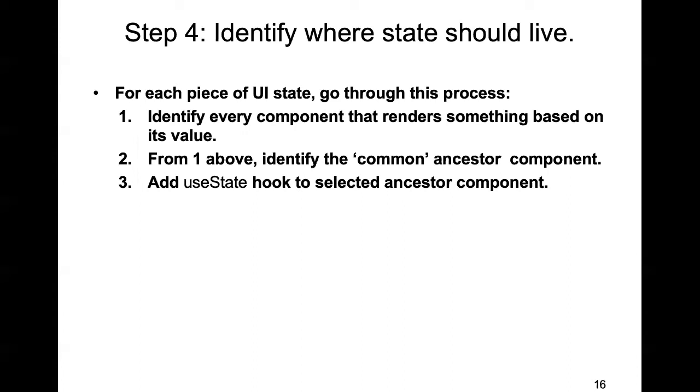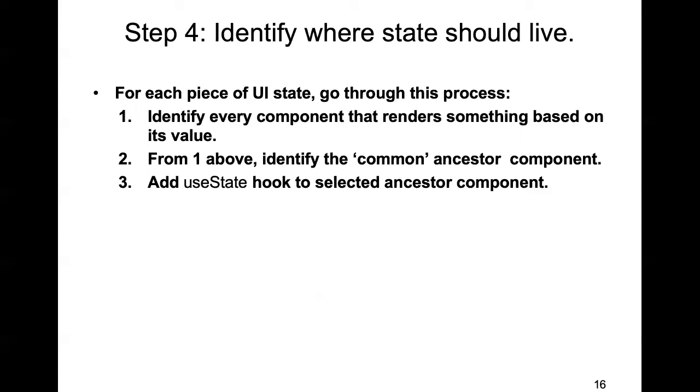And so you take that subset of components and you identify a common ancestor of all of those 3 components, or whatever number there are. So you kind of climb up the component hierarchy to find one common ancestor. And it's that common ancestor component that is going to manage that particular state variable. And that's the component that will have the useState hook coded in it.